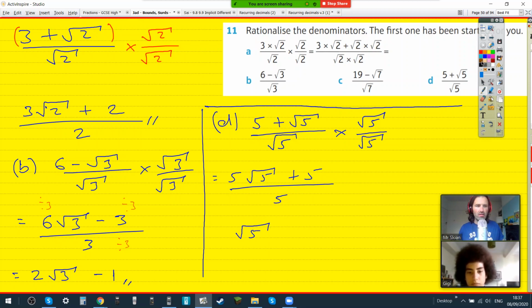It'd have to be. What would you get next to it? 1. Yeah. It's divided by 5, so it'll be 1 root 5 plus 1. And so root 5 plus 1. Don't forget the plus 1. 0.3 isn't the same as 1.3.